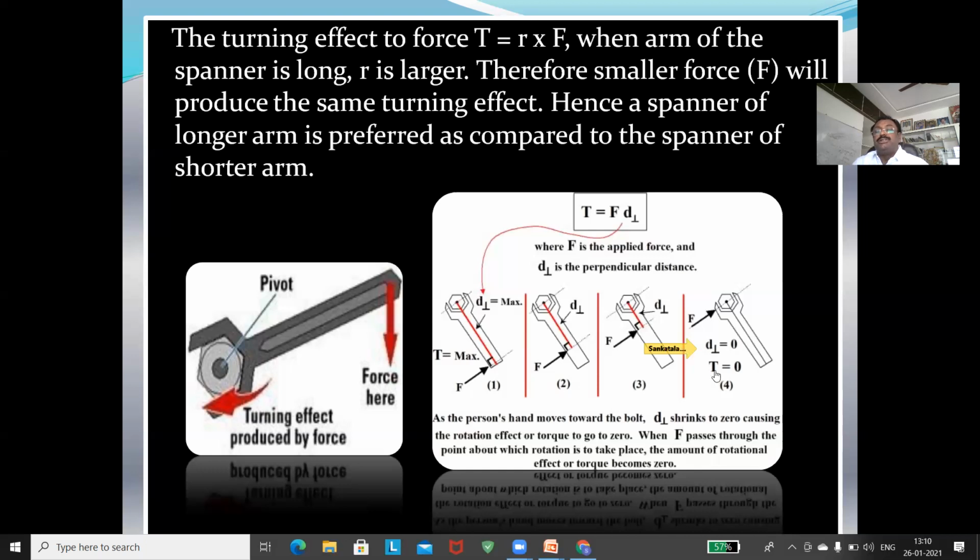Finally, in figure 4, the force is applied at the hinges, at the fixed point. Now the perpendicular distance is 0, so no torque is applied. It does not produce a turning effect, and we cannot remove the nut. That is the reason we should always use a spanner of longer arm. Why? Because the perpendicular distance is more, so more torque will be applied.